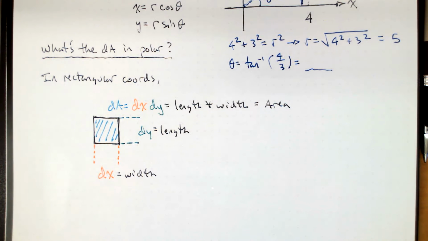So presumably we need to do the same thing when we're dealing with polar coordinates. The dA needs to represent an area.